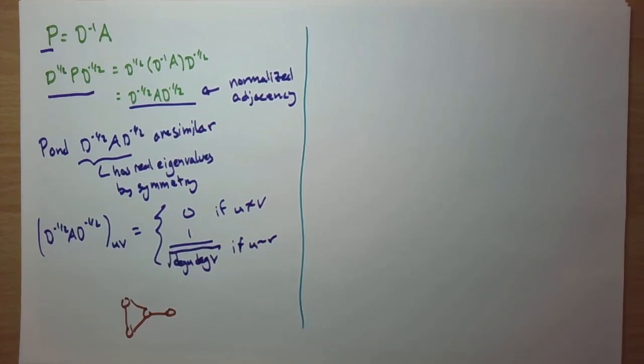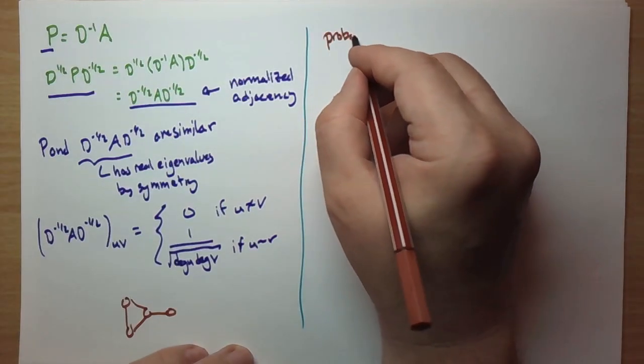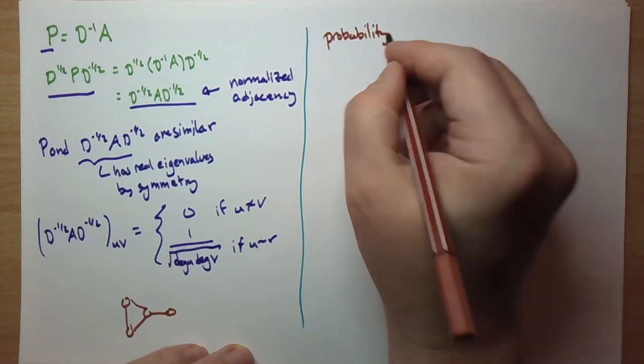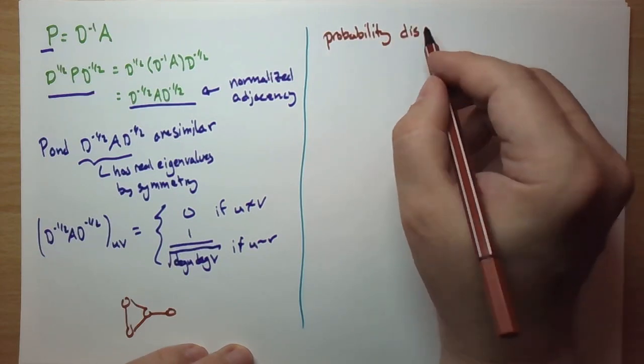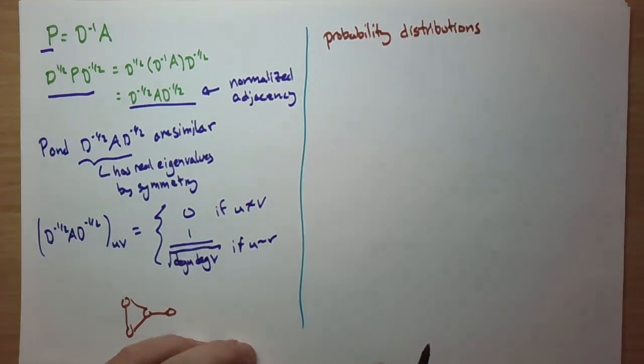Many things could have happened. So it's not that after 20 steps I'm here. What we want to say is, after 20 steps, here's the likelihood of where I am. So we need to talk a bit about probability distributions. When we talk about random walks, we really start with probability distributions.